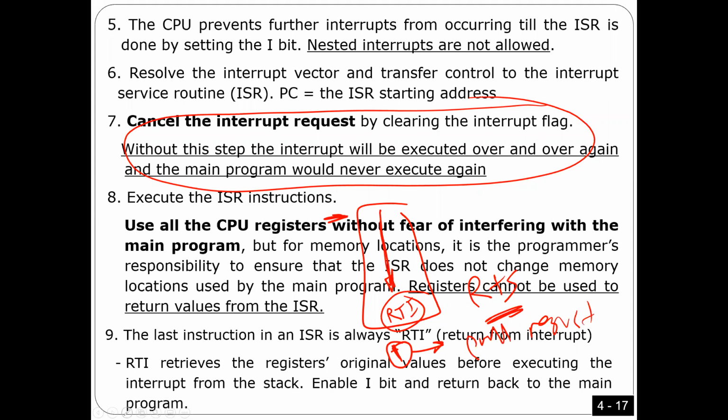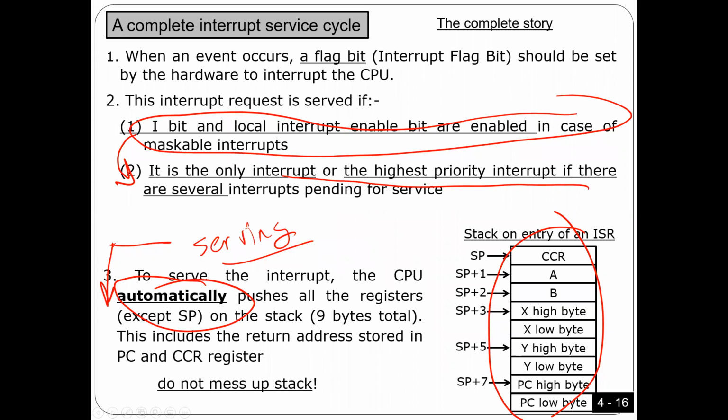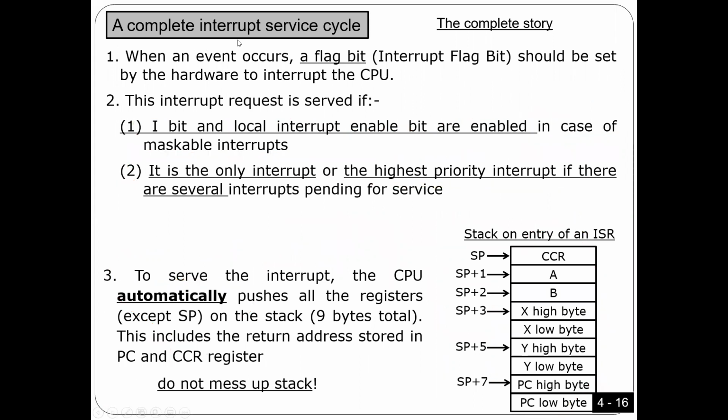So let me quickly go through it again before I move forward. The beginning of any interrupt cycle starts, guys, when the device or the interrupt source sets the interrupt flag bit, right? This is the beginning, okay? Now, the CPU has to decide, should I serve this interrupt or not?